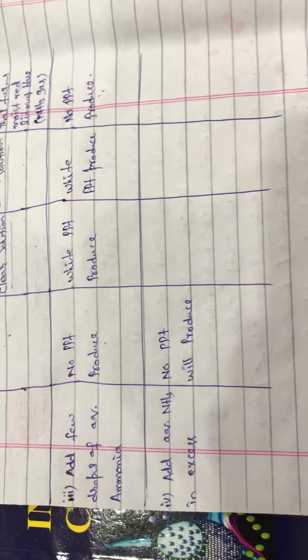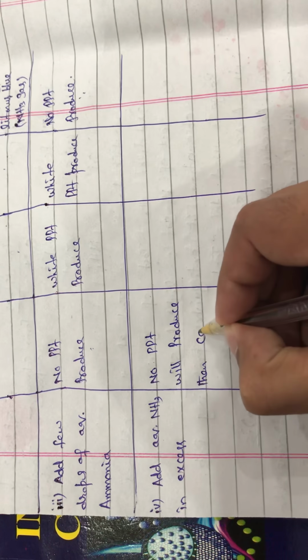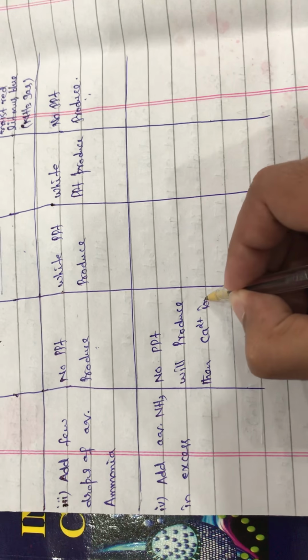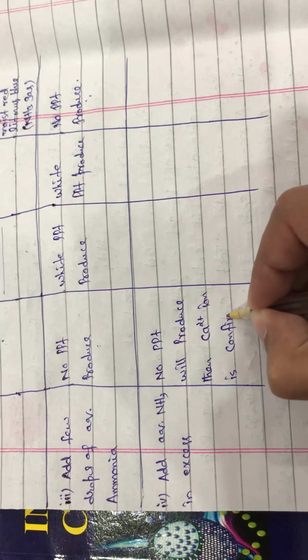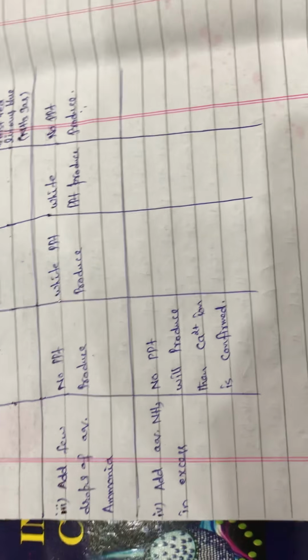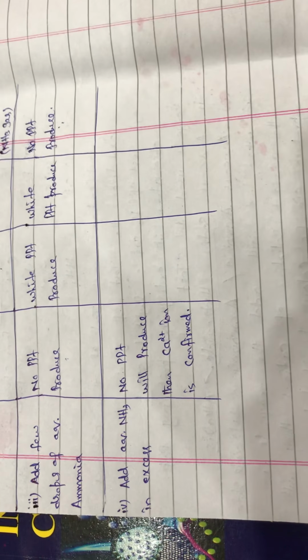If no precipitate produce, then calcium ion is confirmed. Over here, calcium ion is confirmed if no further precipitation is producing.